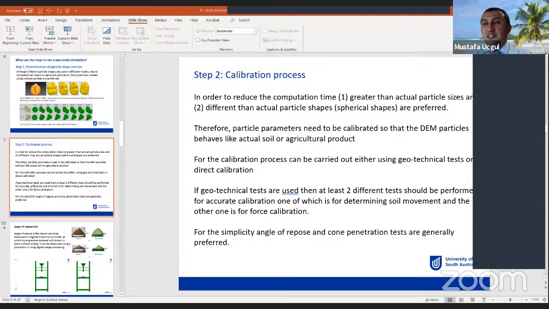After that, we need to carry out a calibration process, because we are not using exactly the same shape or exactly the same size. So this means that we need to calibrate our particles so that they behave exactly like the real particles.